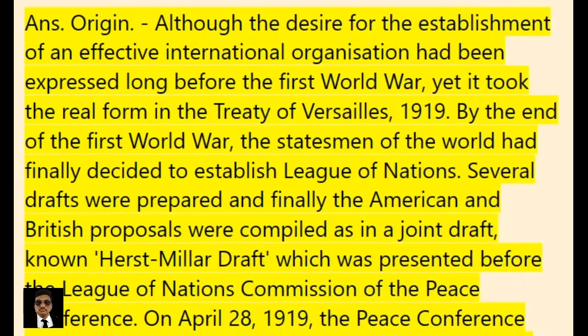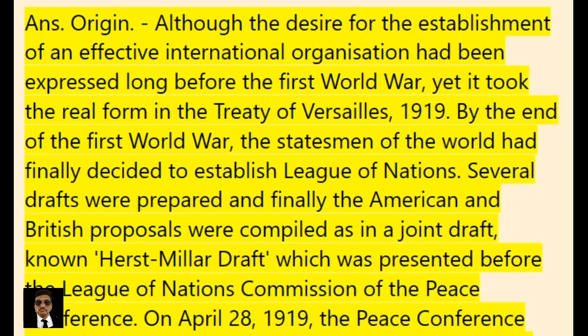Ans. Origin. Although the desire for the establishment of an effective international organization had been expressed long before the First World War, yet it took the real form in the Treaty of Versailles, 1919.